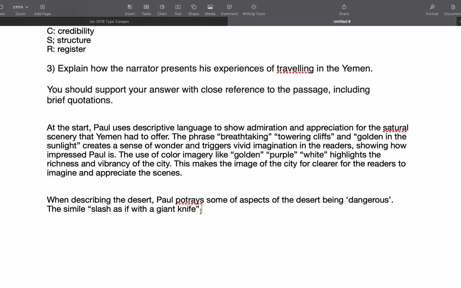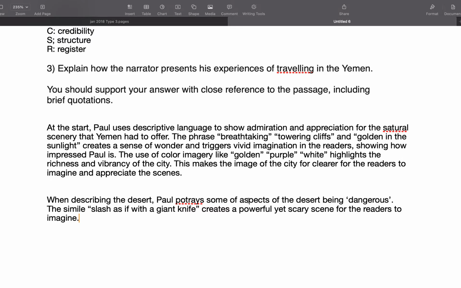If you say the knife is giant, that makes it sound even scarier, so it creates an even scarier scene. It creates a powerful yet scary scene for the readers to imagine, right?